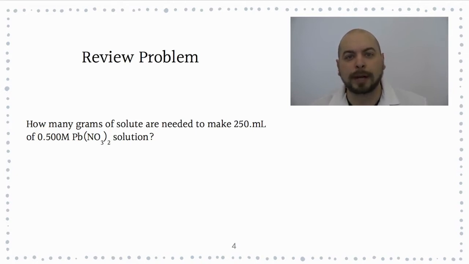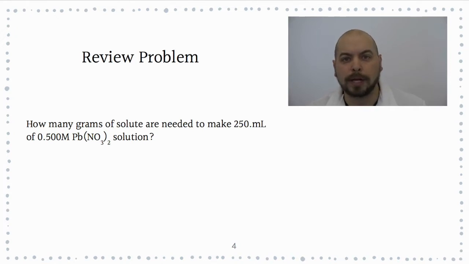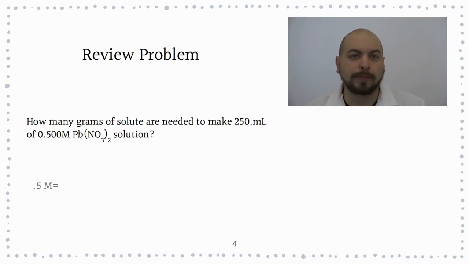In this situation, I'm trying to figure out how many grams of lead-2 nitrate, Pb(NO3)2, I add to a 250 milliliter sample of water in order to create a 0.5 molar solution. This means I need to start with what I'm given, and what I'm given is a 0.5 molar solution of lead nitrate as our end game. What I need to do is figure out how many moles of lead nitrate that would be.